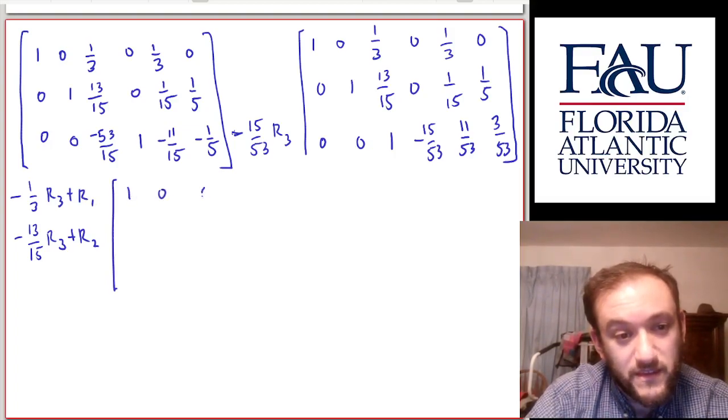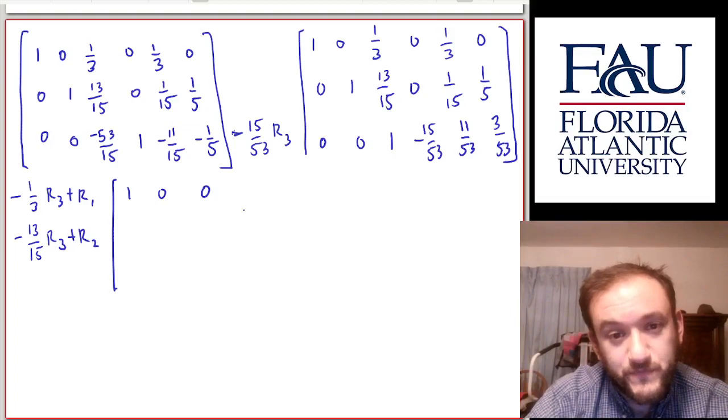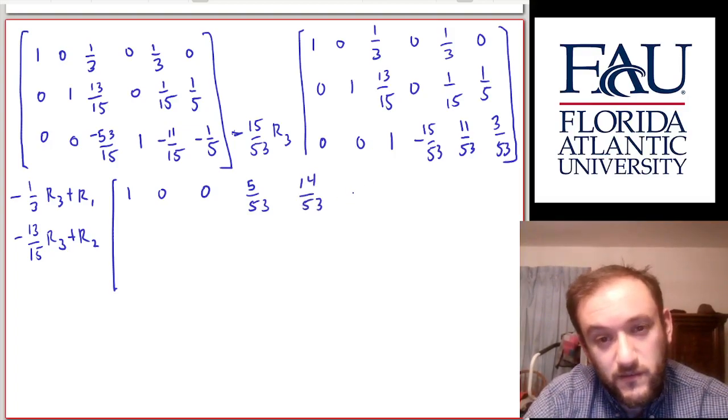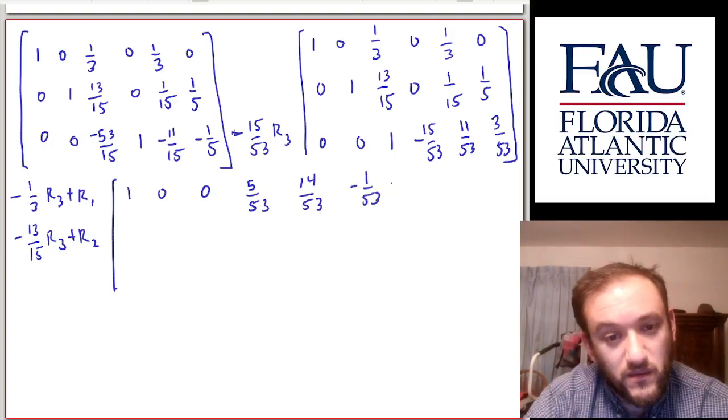Then this gives us 0. In the next entry, we have 5 over 53. Okay, the next entry is a bit trickier, but it gives us 14 over 53. The next entry is minus 1 over 53.